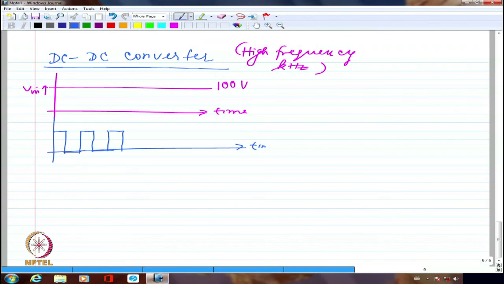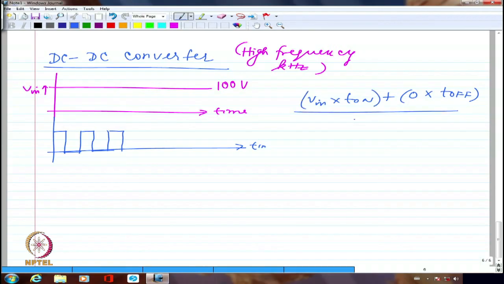Because I am going to get V in multiplied by T on plus 0 multiplied by T off, divided by T on plus T off. This is going to be the average voltage.